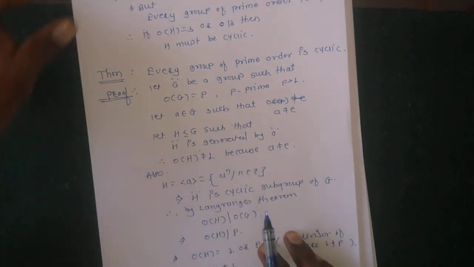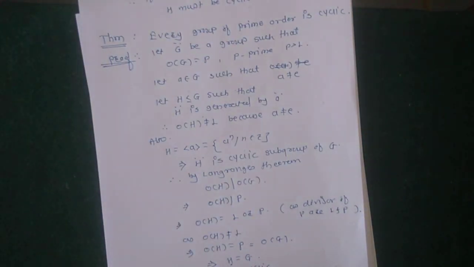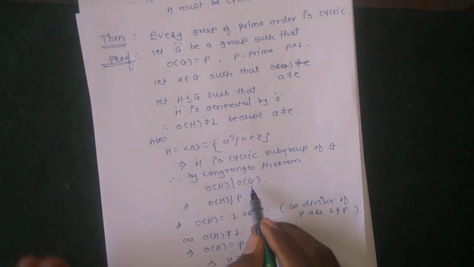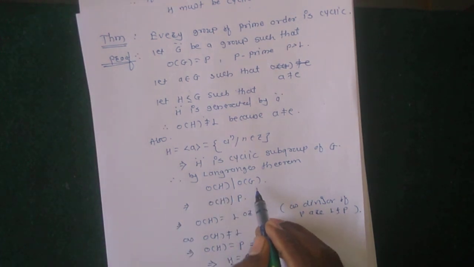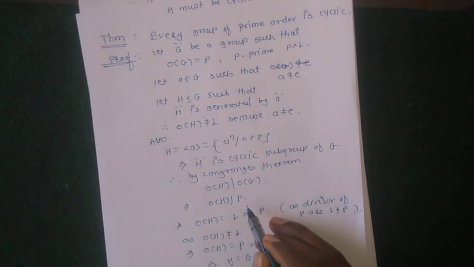Lagrange's theorem says that if G is finite and H is a subgroup of G, then the order of H divides the order of G. But the order of G is p, and the divisors of p are only 1 and p.